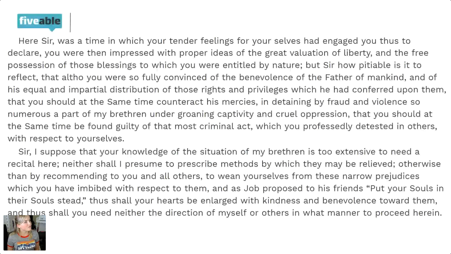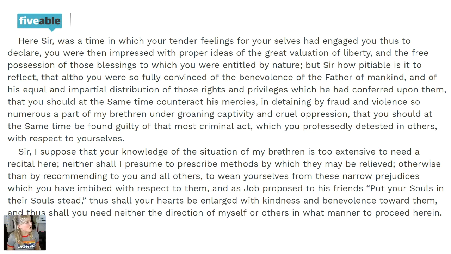But, sir, how pitiable is it to reflect that although you were fully convinced of the benevolence of the Father of mankind, and of his equal and impartial distribution of those rights and privileges which he had conferred upon them, that you at the same time counteract his mercies, in detaining by fraud and violence so numerous a part of my brethren under groaning captivity and cruel oppression, that you should at the same time be found guilty of the most criminal act which you professedly detested in others with respect to yourselves.